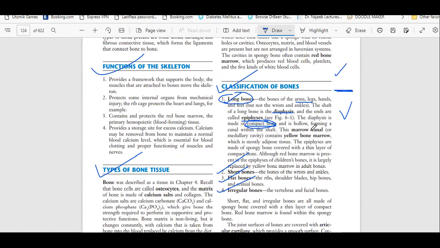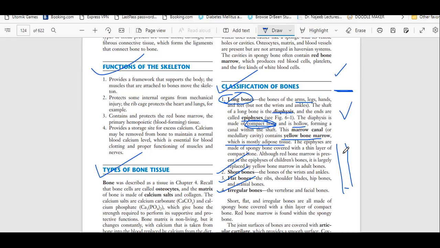And it is hollow, meaning a space is kept, forming a canal within the shaft. This marrow canal contains yellow bone marrow, which is mostly adipose tissue.